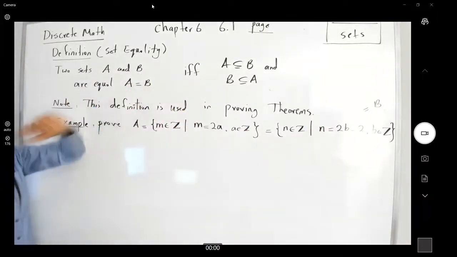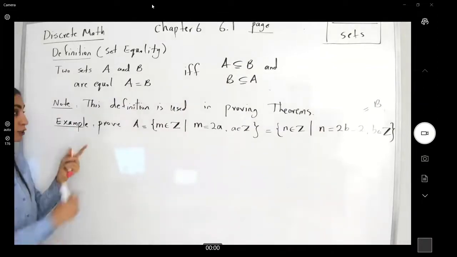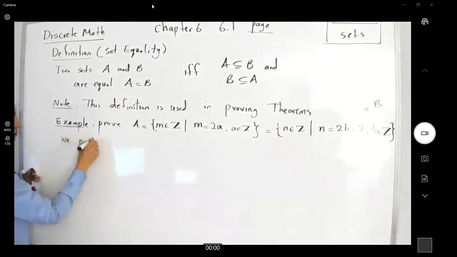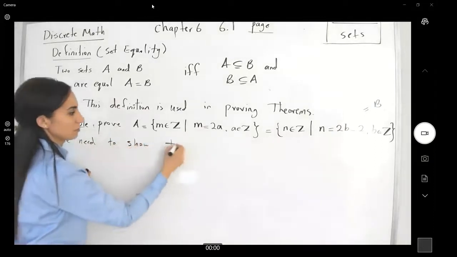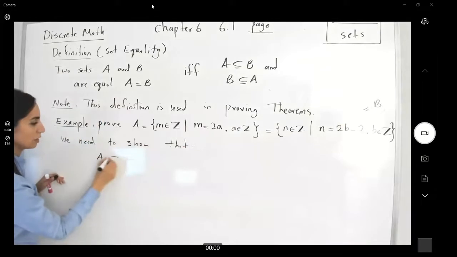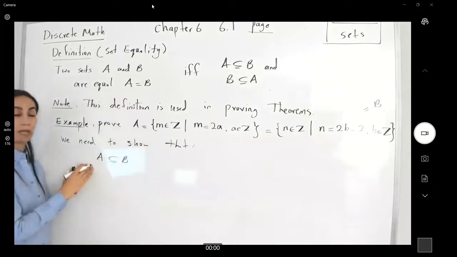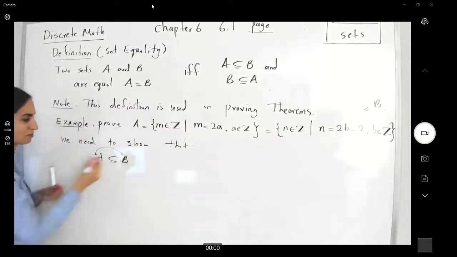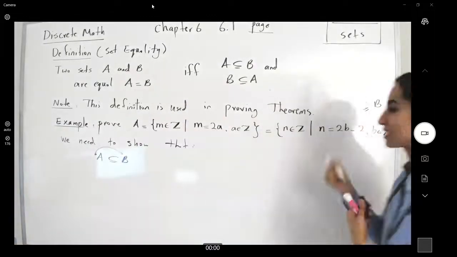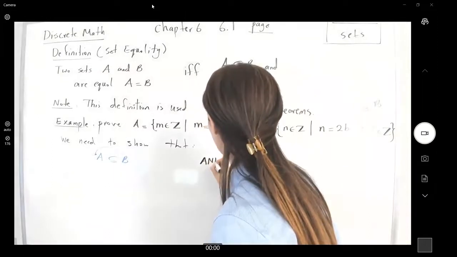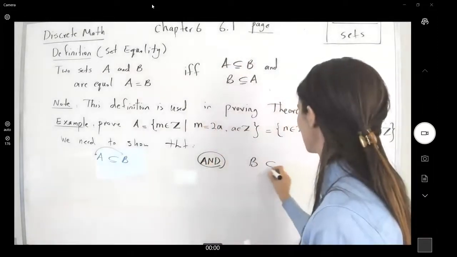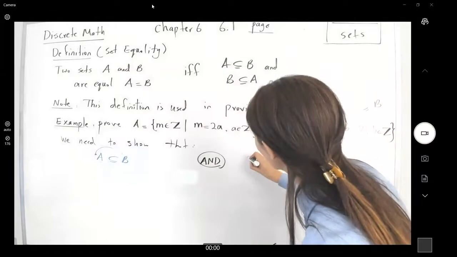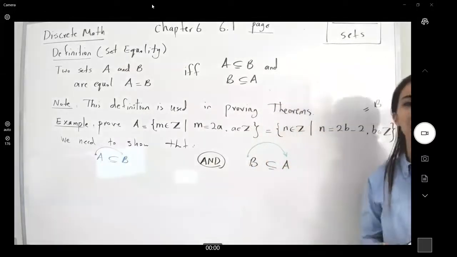Prove that A is equal to B. It means that we need to show that A is a subset of B, meaning that if I take any random element in A, that element lands in set B. And also, we need to show that B is a subset of A, meaning that if I take any random element in set B, that element lands in set A.